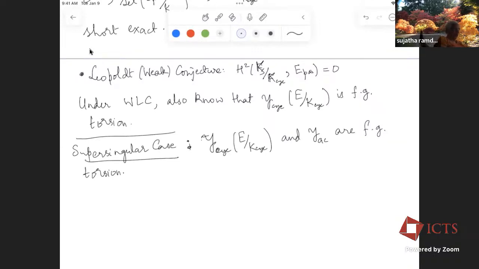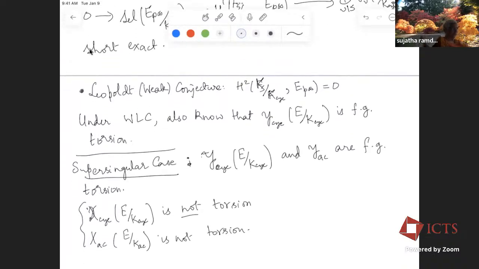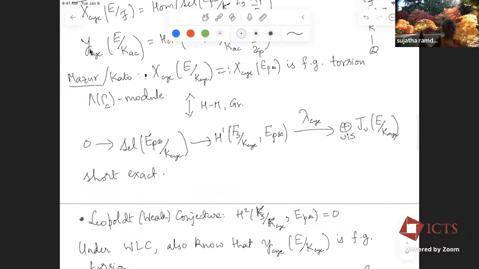But you know that X cyclotomic, that's a dual Selmer group itself, is not torsion in both these cases, and also X anticyclotomic. Nevertheless, in the ordinary case, remember you had this if and only if condition.